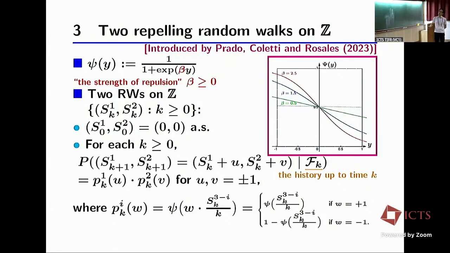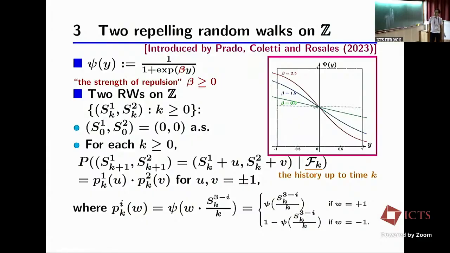This p_i is defined by this function. The 3 minus i stands for the other elephant, and if w is +1, then this function becomes like this.